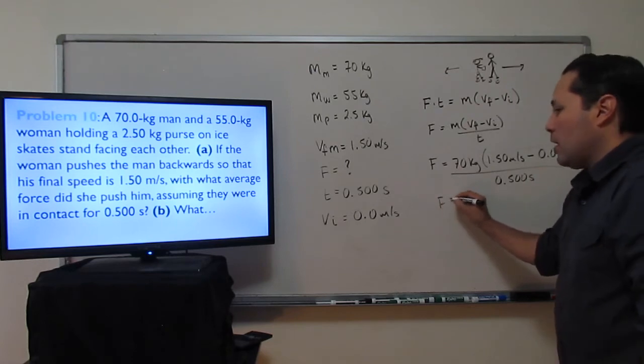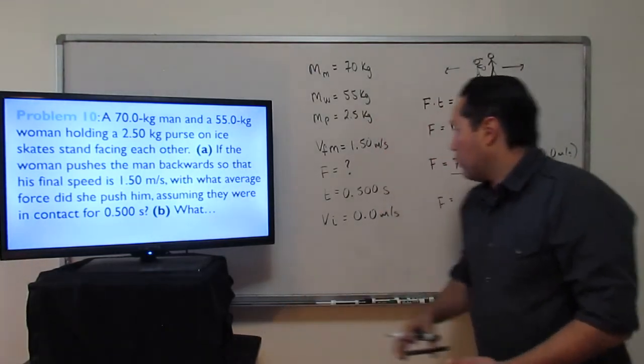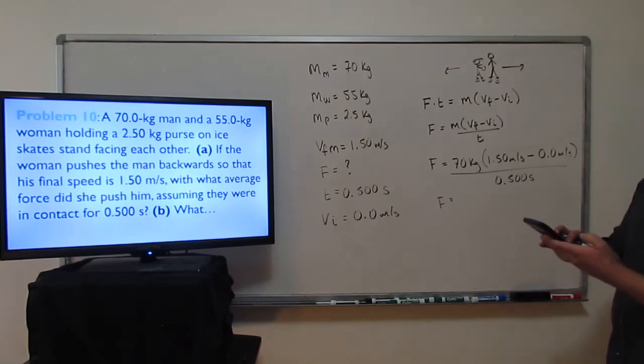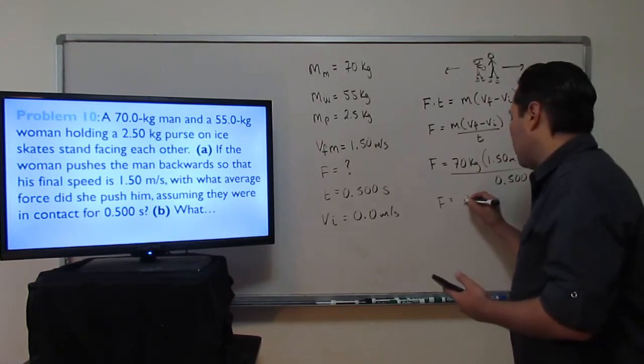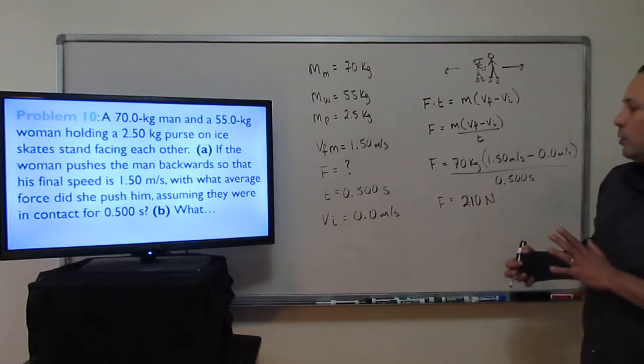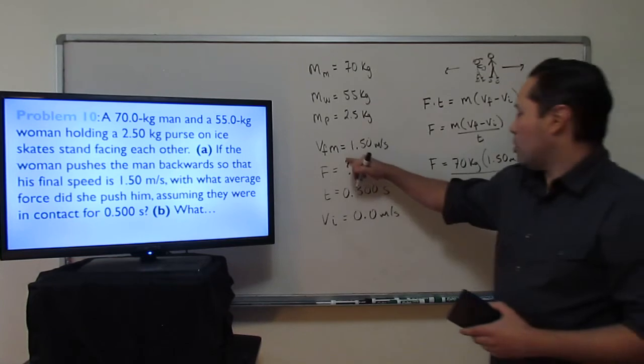So that gives us the force applied to the man. It's 1.5 minus 0, times 70, divided by 0.5. So it gives us a value of 210 newtons. And that's how much force she put on the man. The force was 210 newtons.